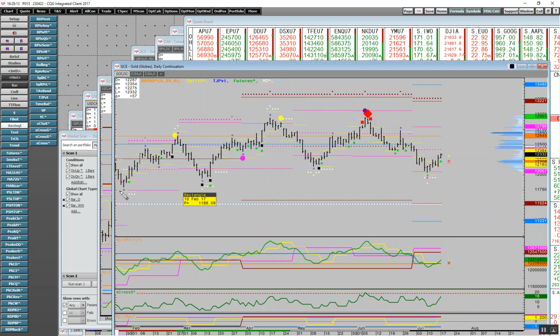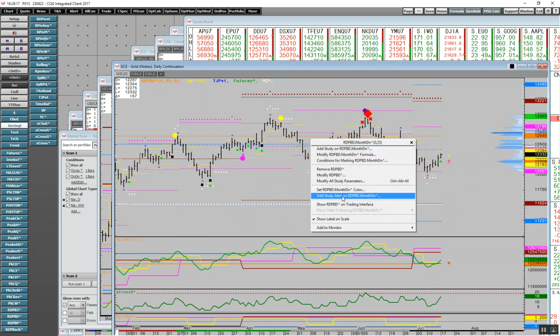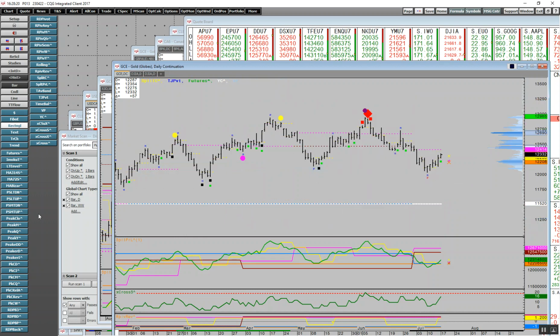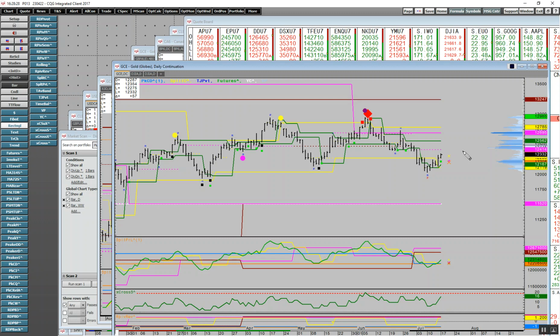Now, the second thing we like to do is, if I just pull those pivots off, I might just quickly remove those. Now, if I add our support and resistance levels in across different time frames, once again, the colors are relative to the time frame. Green's daily, yellow is weekly, pink's monthly, brown's quarterly, and orange is annual.